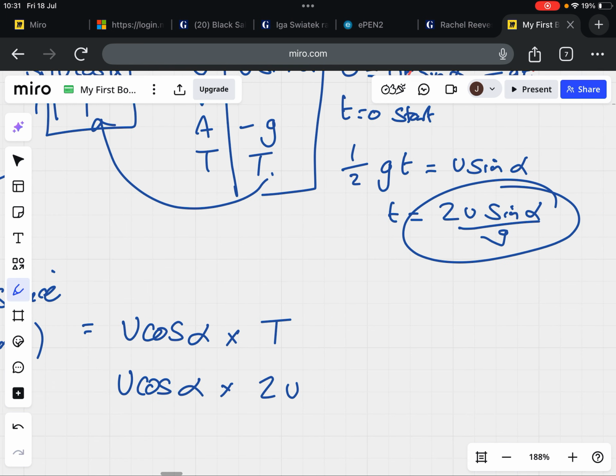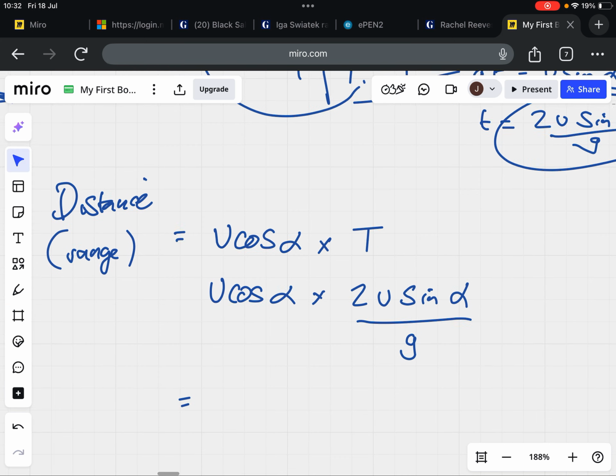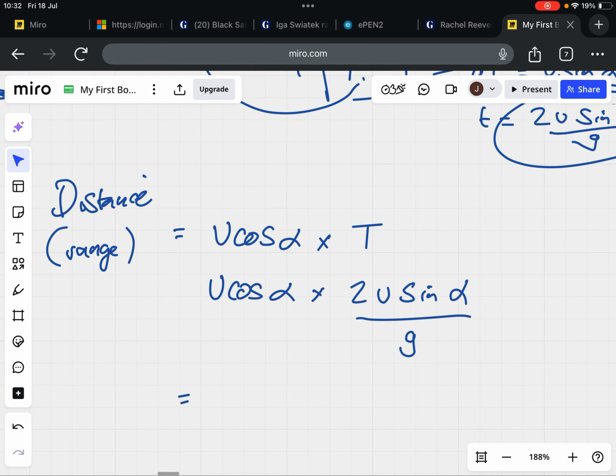So that's 2u sine alpha over g, okay? And then we can start to manipulate this a little bit. So let's call this u squared. You're going to see why in just a second. U squared here, and then I'm going to leave 2 sine alpha cos alpha.